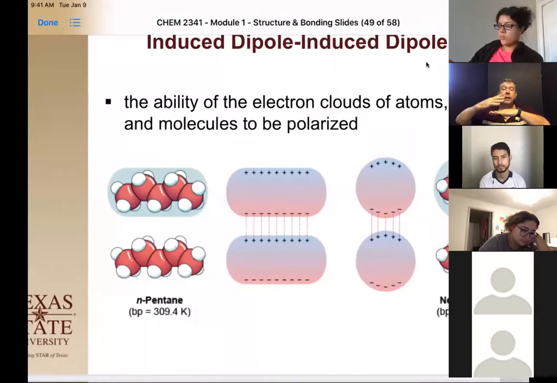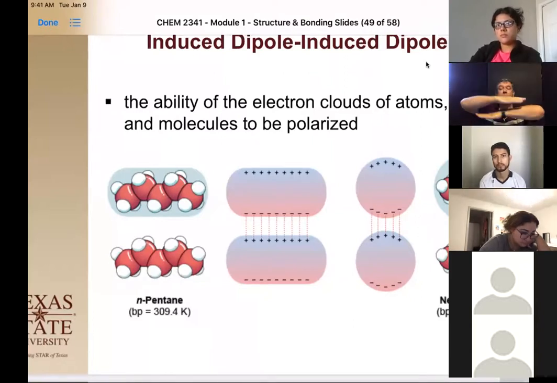So we're inducing a slight change in charge, and that slight change in charge allows us to get close to each other, but not really interact very strongly. However, this is very much a function of surface area.